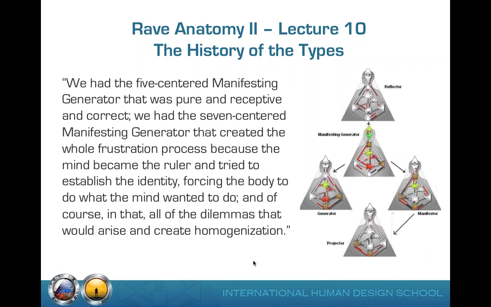We had the seven-centered manifesting generator that created the whole frustration process because the mind became the ruler and tried to establish the identity, forcing the body to do what the mind wanted to do. And of course, in that, all of the dilemmas that would arise and create homogenization. So now you can see the evolution of all of this.